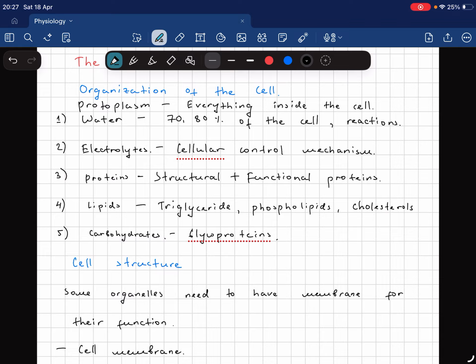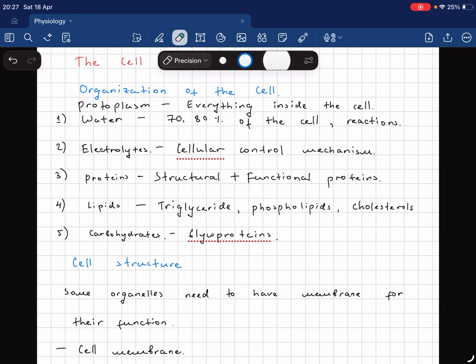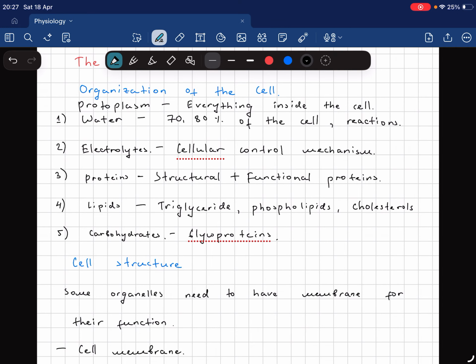So I wrote it down here, and you can see. Protoplasm consists of 5 important things: water, electrolytes, proteins, lipids, and carbohydrates. And I'm going to talk about each of them, why they are important and why they are constituents of the protoplasm.